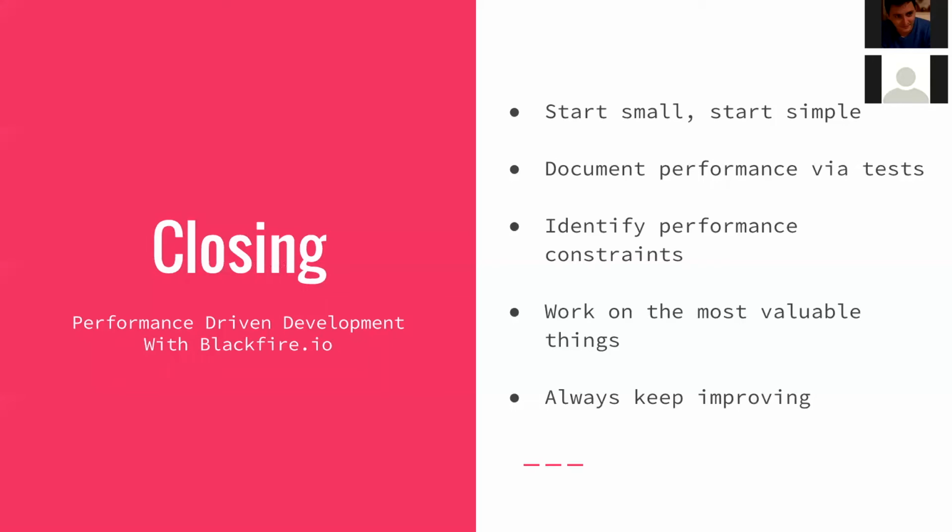I want the product page to load in a second. Well, write a test for that. And if it's failing but you don't have the time to improve it right there, just change your test to say that, okay, well, the product page is actually loading in like 1.7 seconds. Great, have it there, because now you know where you're having a performance problem.